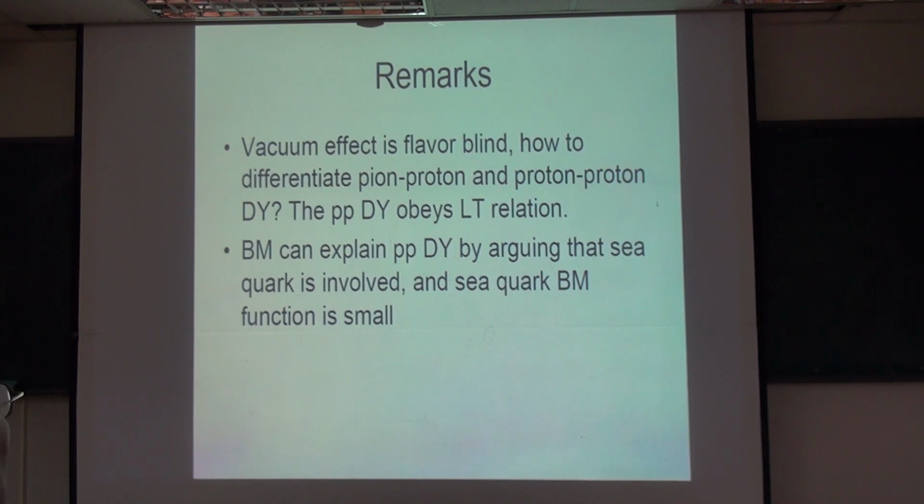So you can argue that maybe the valence quark has a larger Boer-Mulders function, and the sea quark has a smaller Boer-Mulders function. So this is the reason why the proton-proton case has a smaller violation, because proton-proton involves the sea quark. You need an anti-quark, and the anti-quark is the sea quark in the proton. So this sea quark has a smaller Boer-Mulders function. So they can explain that we don't see the violation in proton-proton, but we can see violation in pion-proton.